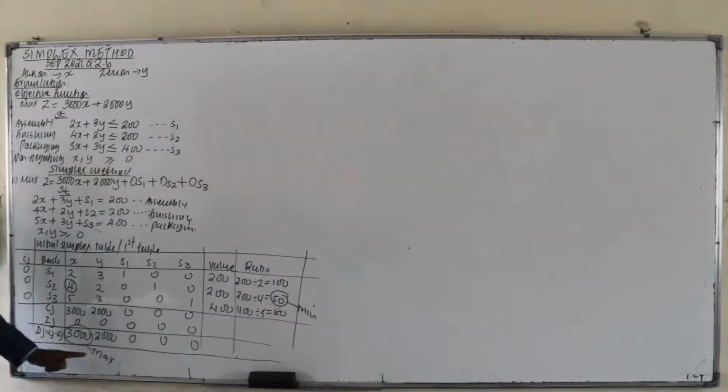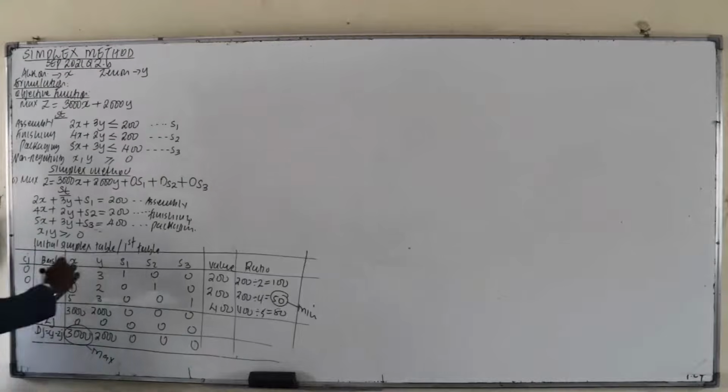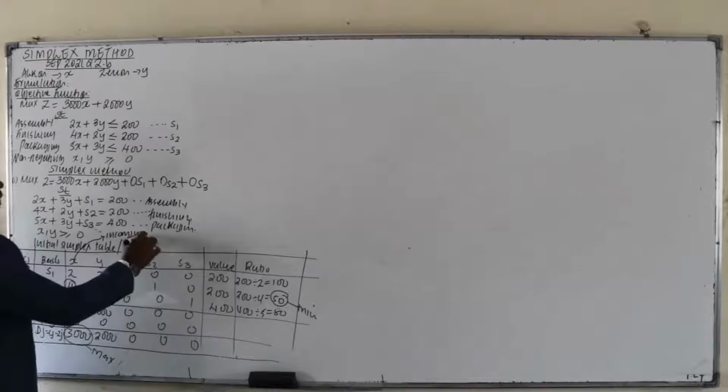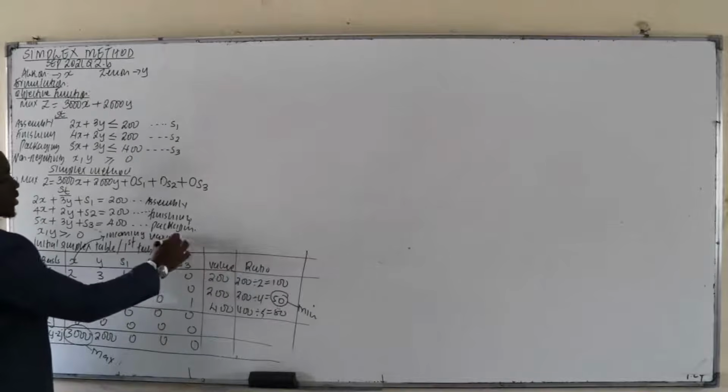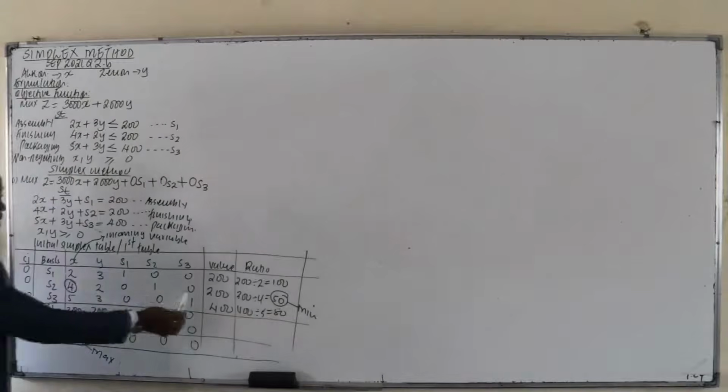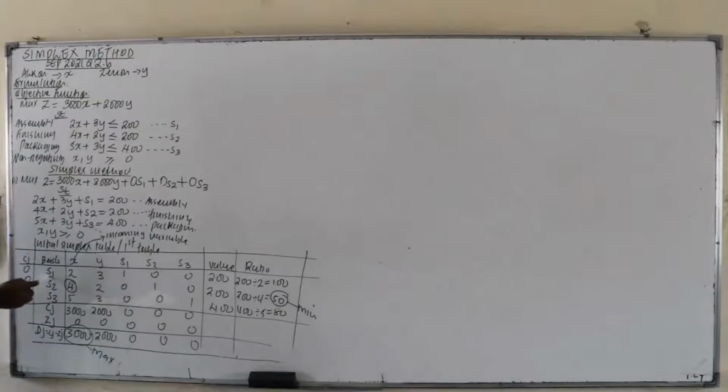Where we have the maximum, the element we have is x. Now, x becomes what we call the incoming variable, and is going to replace the basis which is minimum. The minimum is coming from basic S2. So S2 becomes what we call the outgoing variable.